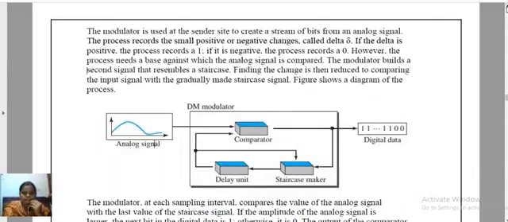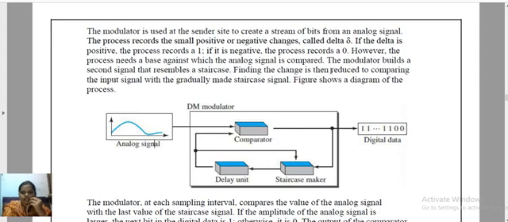Here is the analog signal and here is the delta modulator. The modulator is used at the sender side, and at the receiver side the demodulator is used. The modulator is used at the sender side to create a stream of bits from an analog signal.